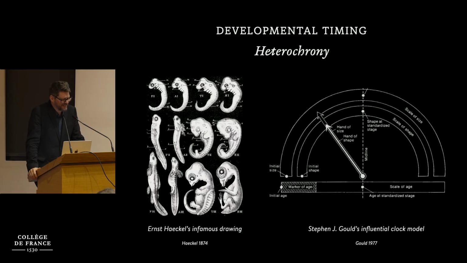The classic theoretical framework to describe these differences in evolutionary timing is called heterochrony. And I think it's important to mention that the term was initially coined by Ernst Haeckel, the famous or infamous biologist from Germany. This is one of the drawings that he used to illustrate his biogenetic law. We now know that this is not correct.